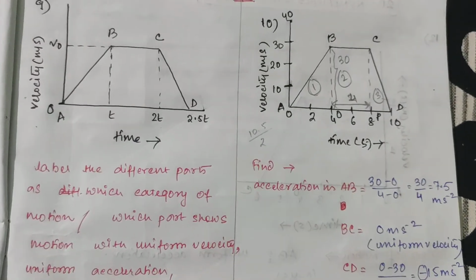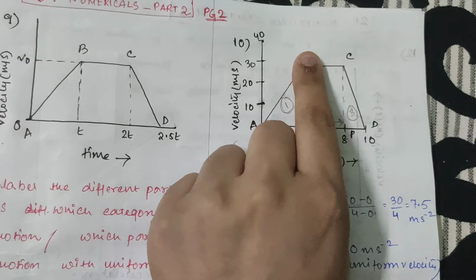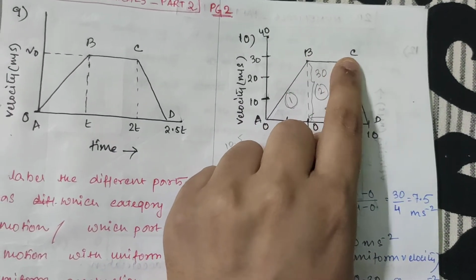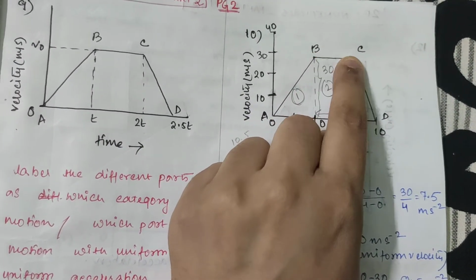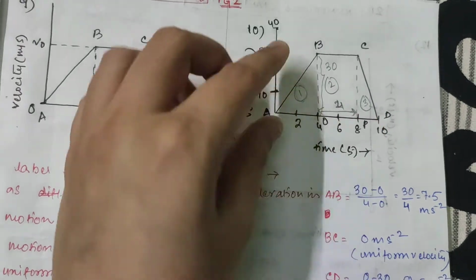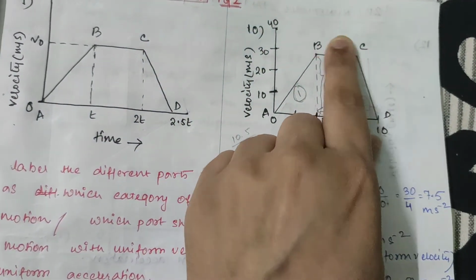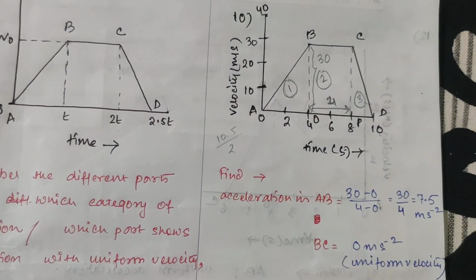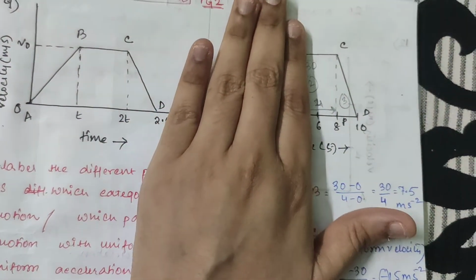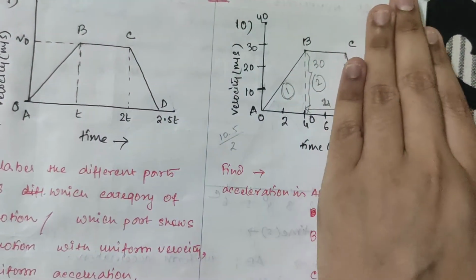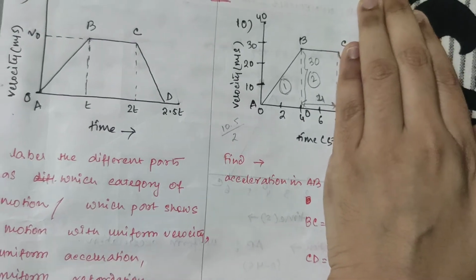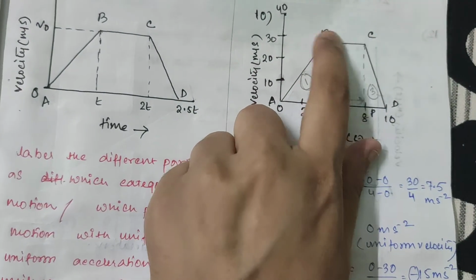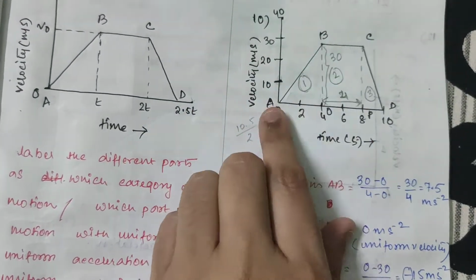What about BC? That means the area enclosed by this graph and the x-axis. See the rectangle BCPO. Why? Because we won't consider this part nor this part, only how much area this BC sketch is enclosing with the x-axis.